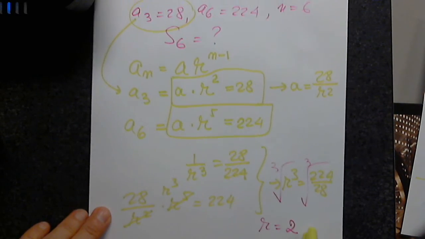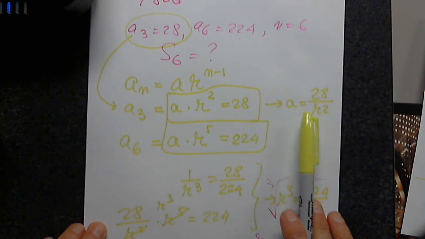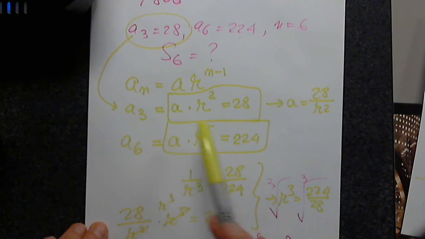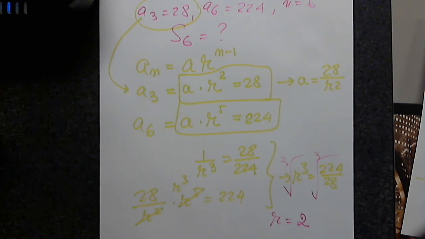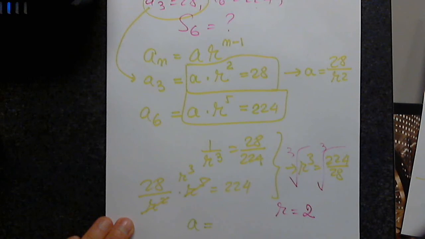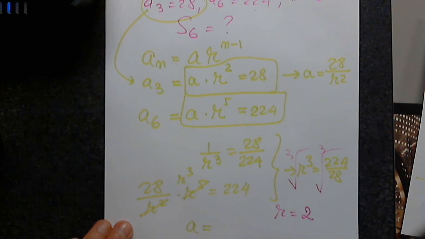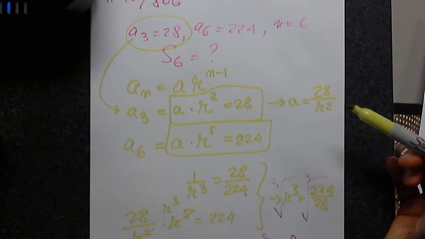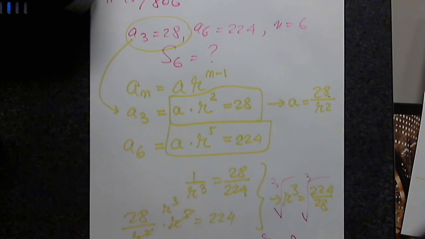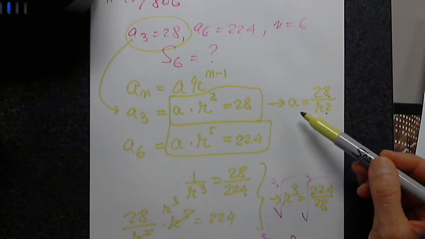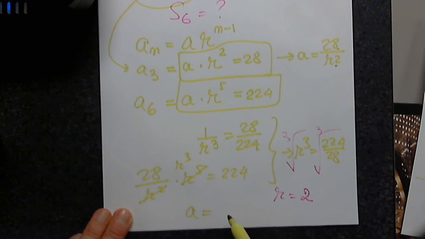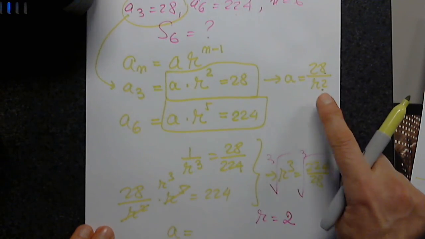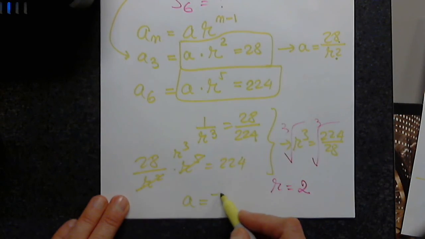And once I have the common ratio, I can go back here and determine A. So 28 divided by 4 will give us A to be 7. So the common ratio is 2 and A is 7.